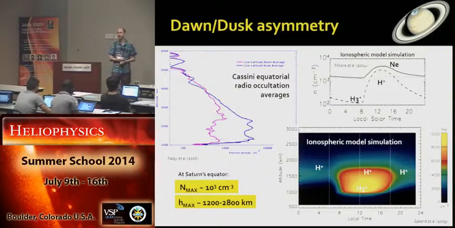We'll get to that a little bit more in the next lecture. So mostly we just have the electron density profiles at dawn and dusk, maybe some information about the peak electron density versus local time. But other than that, it all has to be inferred from the modeling.